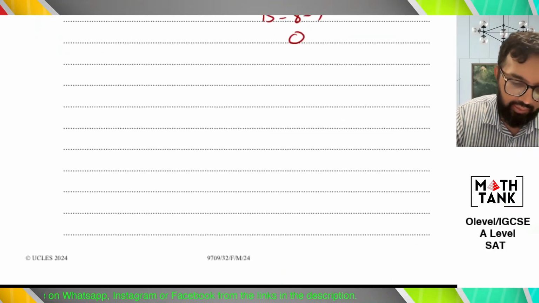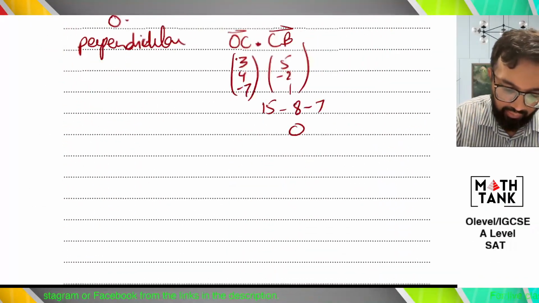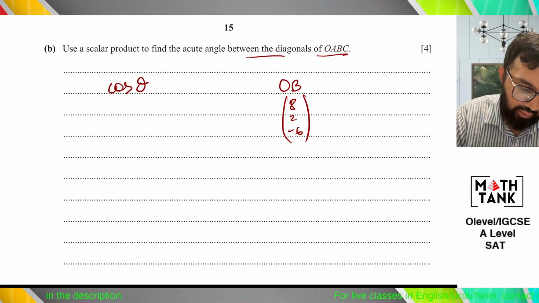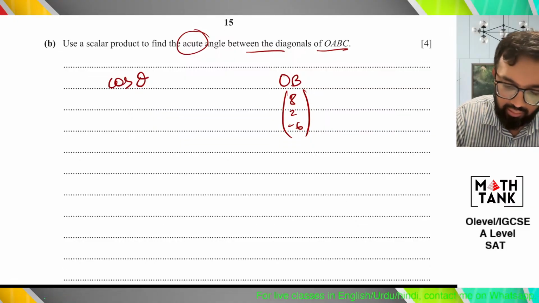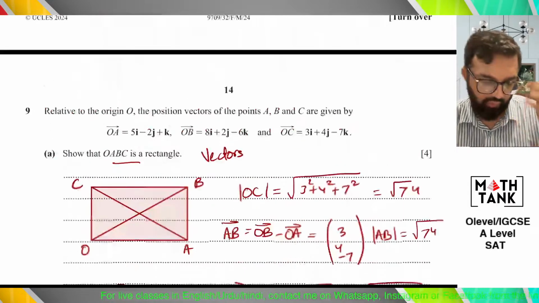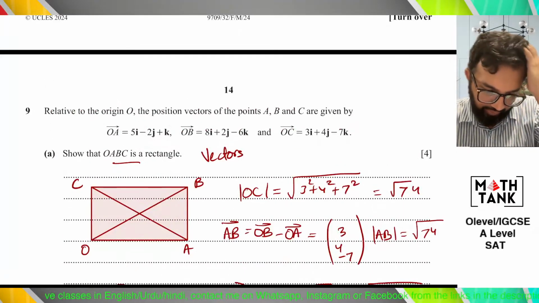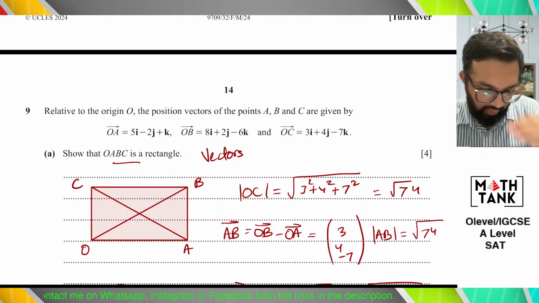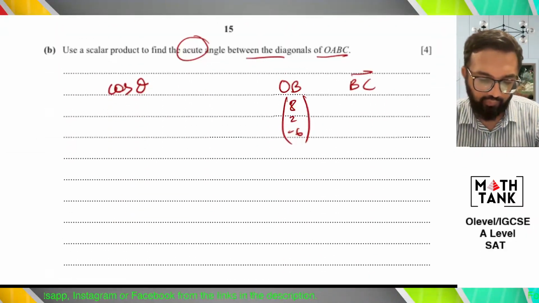OB is given to you, I think, 8 2 and -6, और acute एंगल निकालना है। और BC निकाल लेते हैं। BC का एंगल होगा OC minus OB is going to be -5 2 and -1.